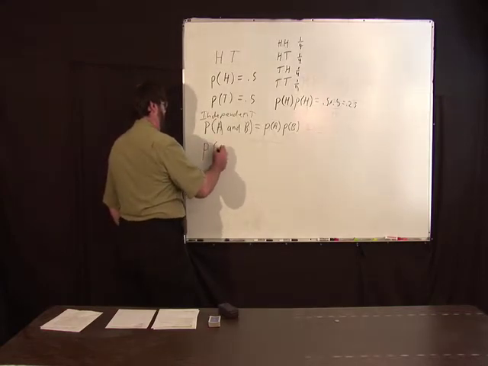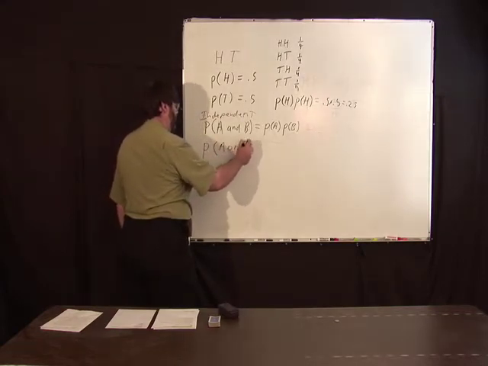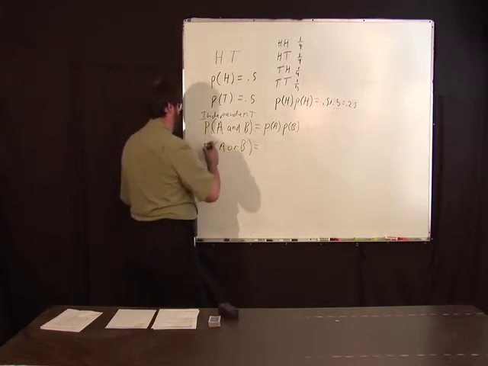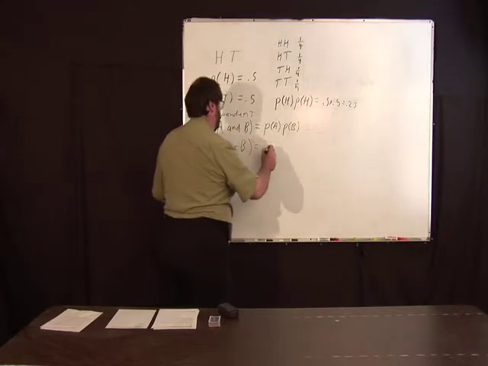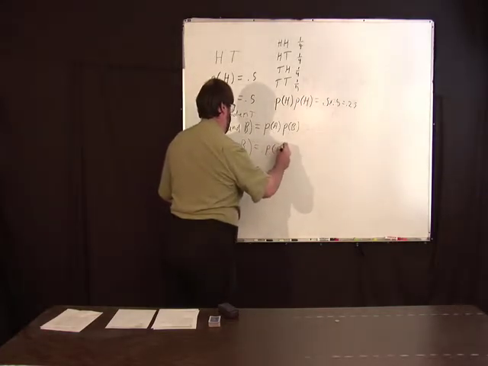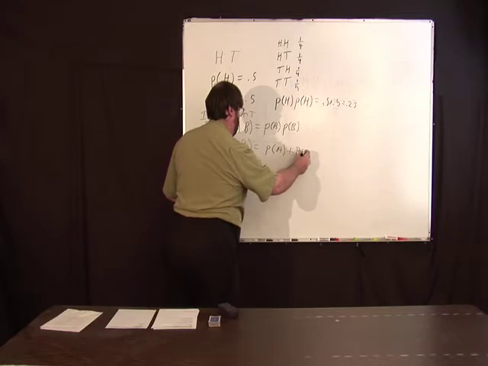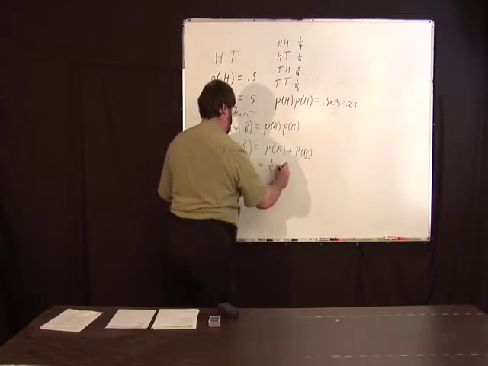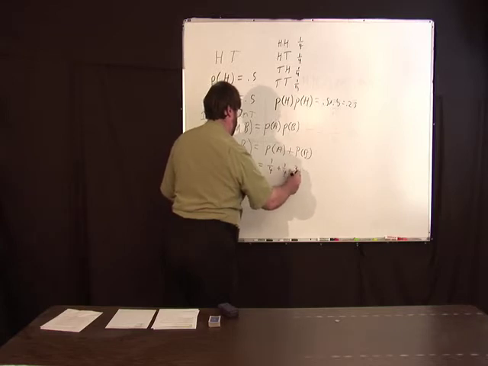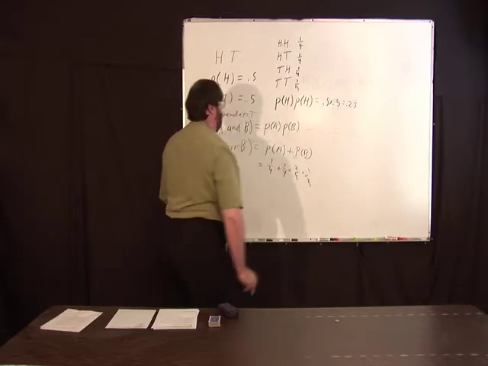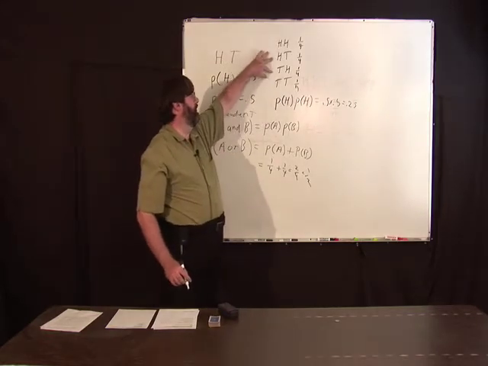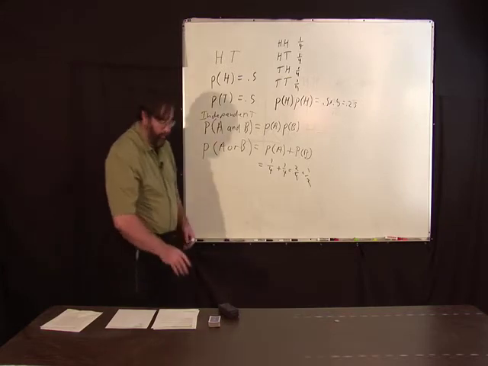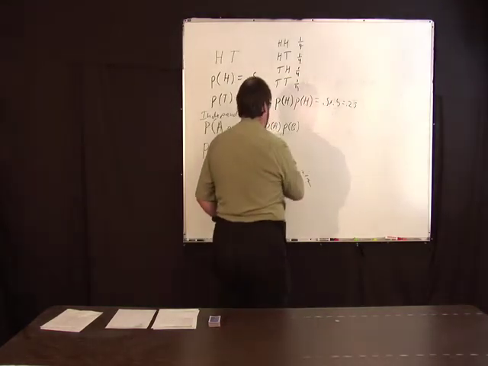The probability of A or B, for mutually exclusive events, is P of A plus P of B, which equals, in this particular case, 1/4 plus 1/4 equals 2/4 equals 1/2. So as you can see, half the choices here have one head and one tail.